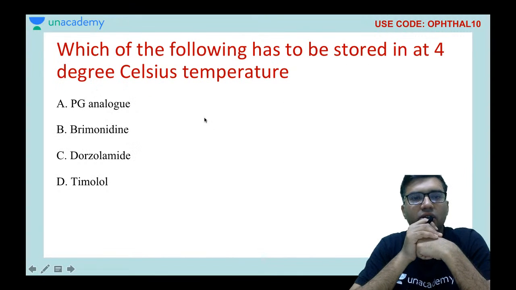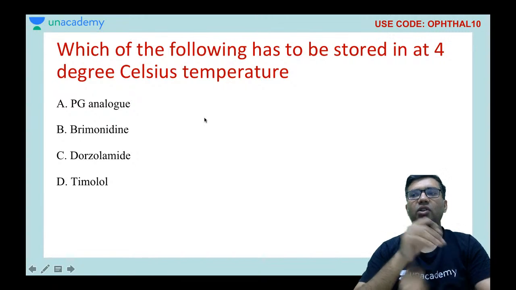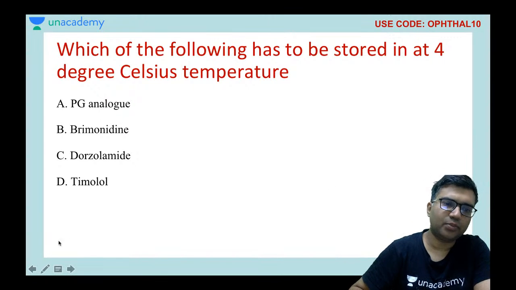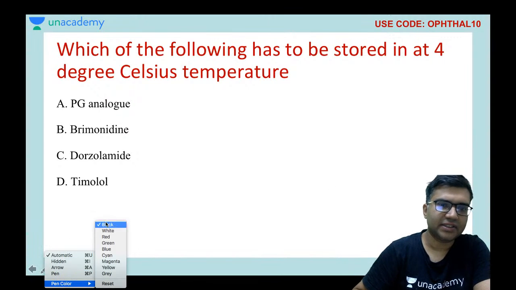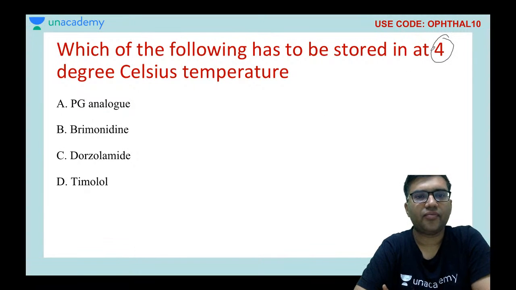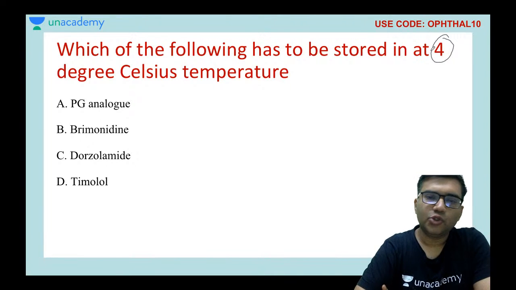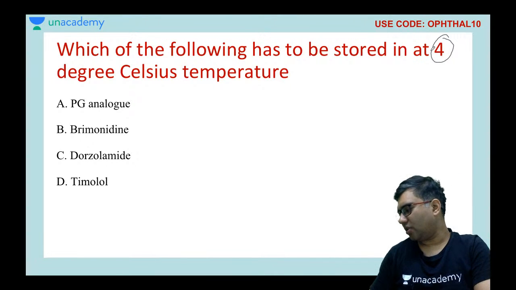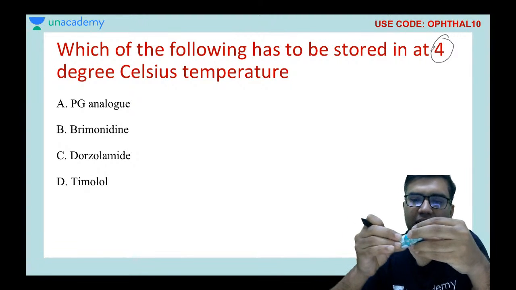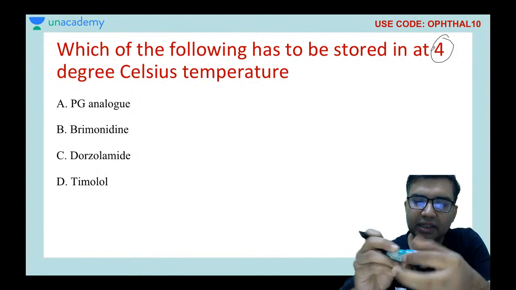Okay, so our next question is which of the following has to be stored at 4 degrees Celsius temperature? So you have to put the drug in the fridge. Usually whenever we have an eye drop, we tell the patient, let's say this is an eye drop.